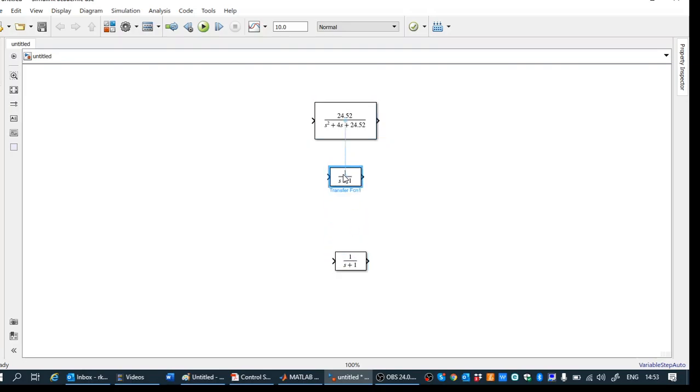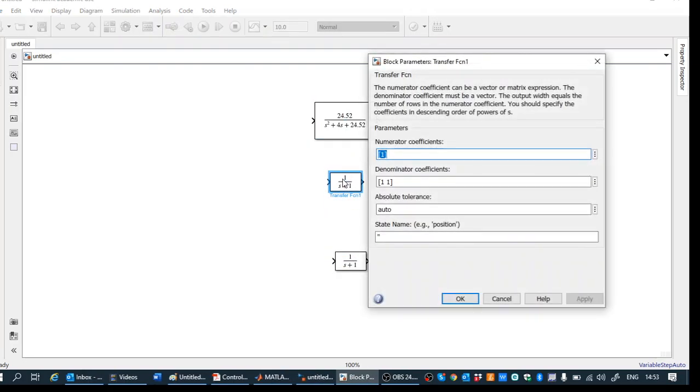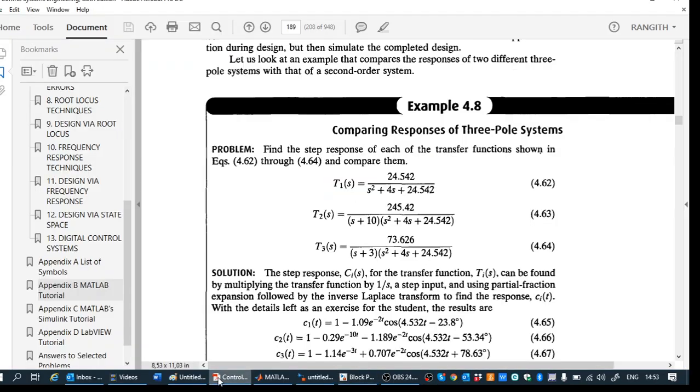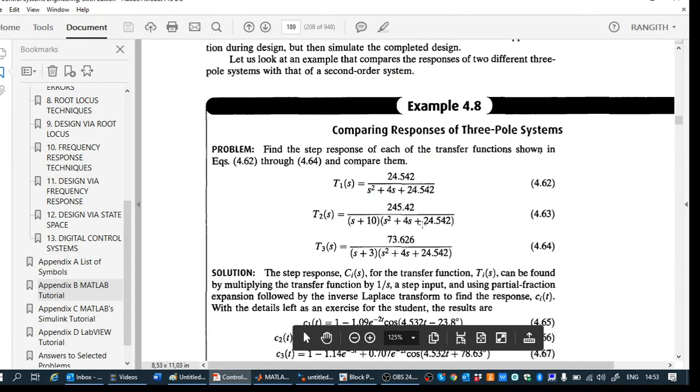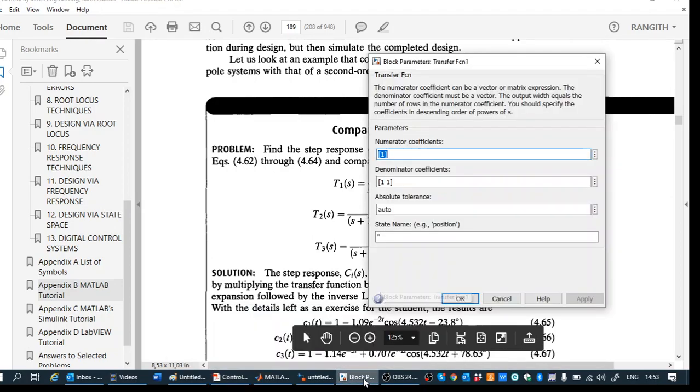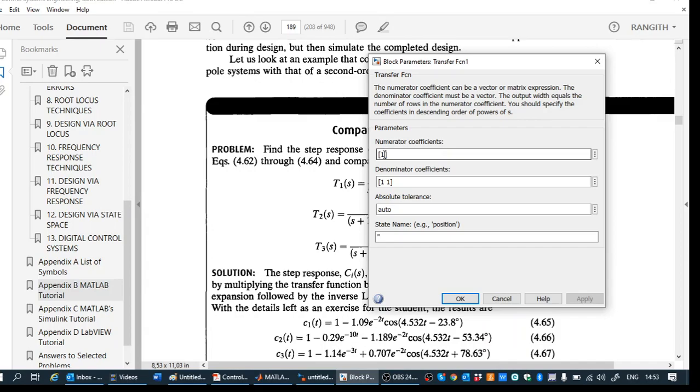So now let's go into the second transfer function. If you multiply in the denominator, the numerator is going to be 245.42. So you can put the numerator as 245.42.